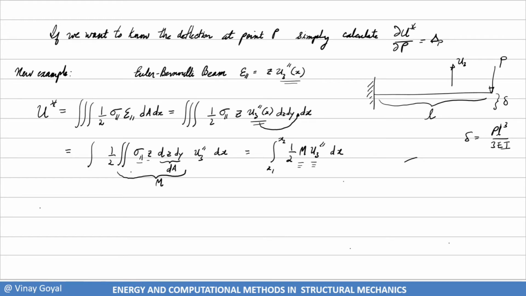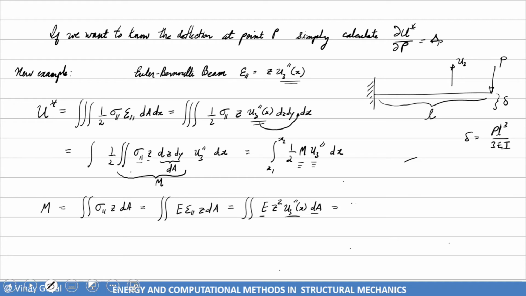And so now I have M, and M is the double integral of sigma 1 z dA, and sigma 1 is E epsilon 1, but epsilon 1 is z, so you get z squared u3 double prime dA, and again, E and u3 double prime do not depend on dA. Bring them outside, so you get E u3 double prime times the double integral of z squared dA.